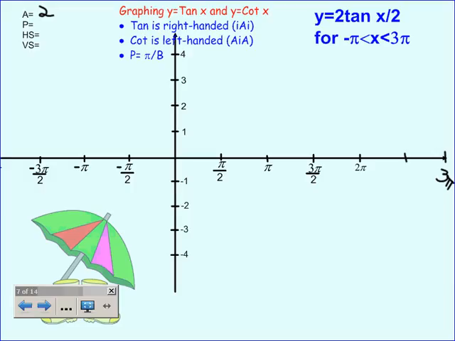So let's see, we need pi over 1/2. What does that turn out to be? Pi times the reciprocal of a half. Reciprocal of a half is 2. Pi times 2 is 2 pi. Okay? Are you with me?